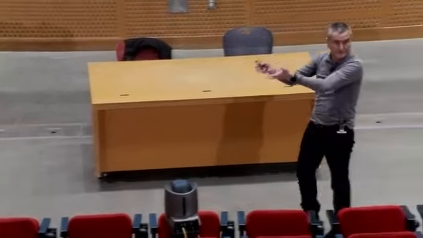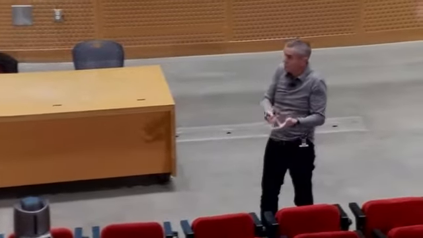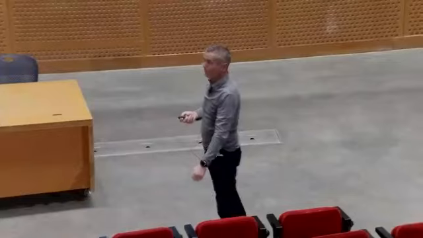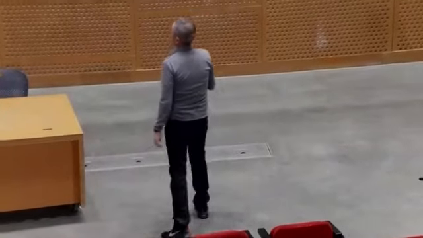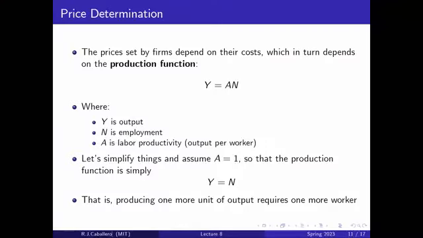So if the labor market is very tight, that also means it's going to be more expensive to produce output. And we simplified this production function a lot. We made output equal to employment. And that meant that in order to produce one extra unit of output, you need one extra unit of labor, which meant you need to pay one unit of the wage.